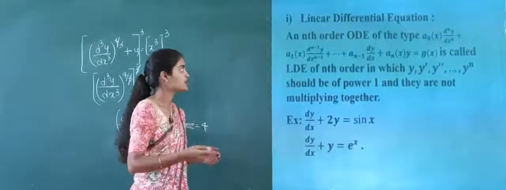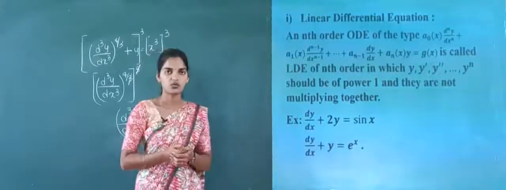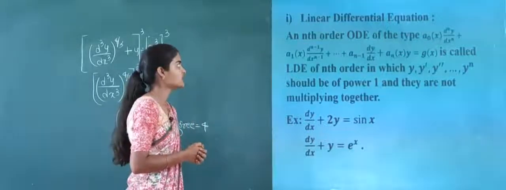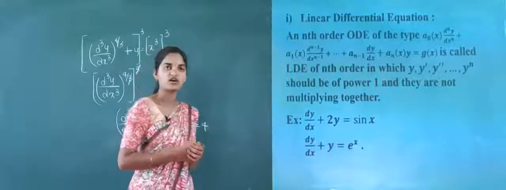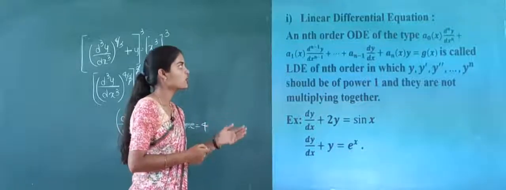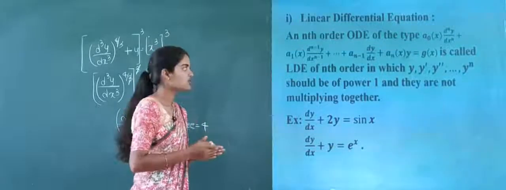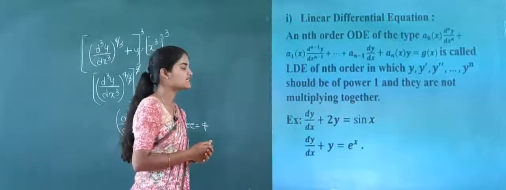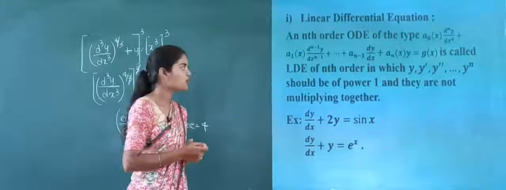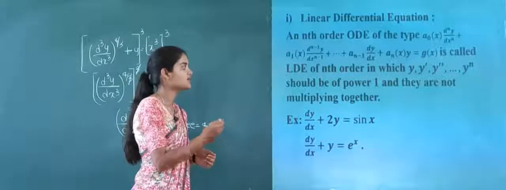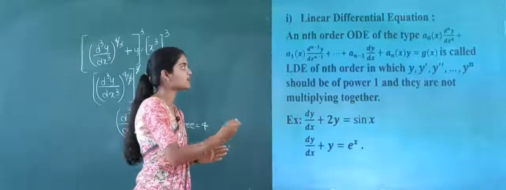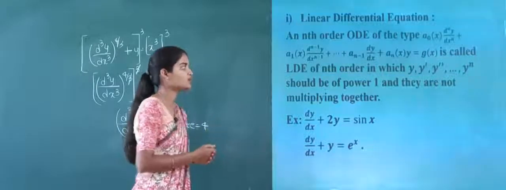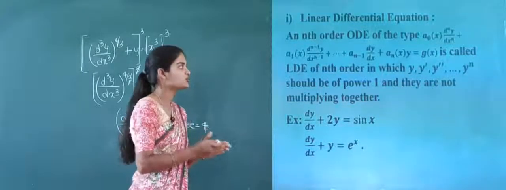In that, first one is linear differential equation. What is this linear differential equation? Let us define now. That is an nth order ordinary differential equation of the type a naught of x into nth derivative of y plus a1 of x into n minus 1th derivative of y plus and so on plus an minus 1 into dy by dx plus an of x into y is equal to g of x.